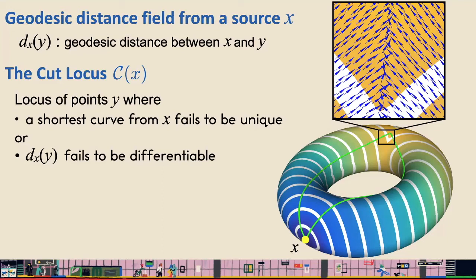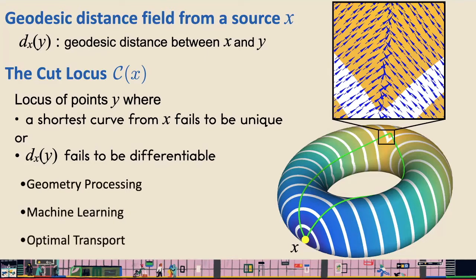Moreover, the two definitions we have just given suggest that the cut locus of x encodes some precious information about, for example, the uniqueness of a given shortest curve starting from x or the differentiability of dx. Such information is quite important in many algorithms in geometry processing, machine learning, and in optimal transport theory.